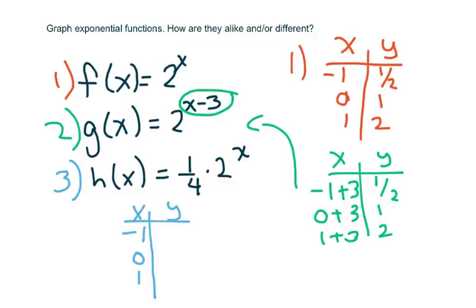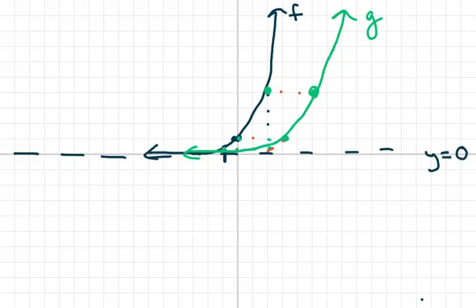So 1/4, I'll just write it out. 1/2 times 1/4 is 1/8. 0 times 1/4 is still 0. Then we have 1/4. So it really flattens it out. So instead of 1/2 here, we're actually a little lower.